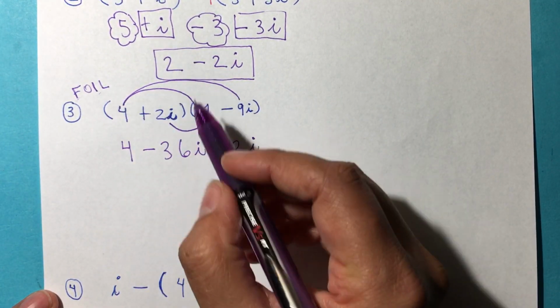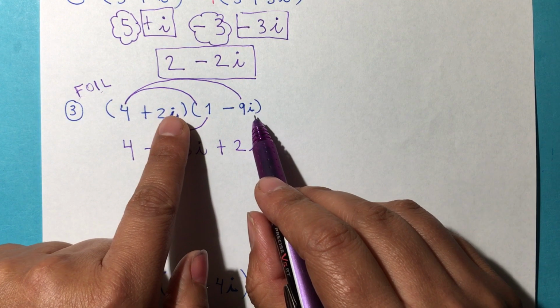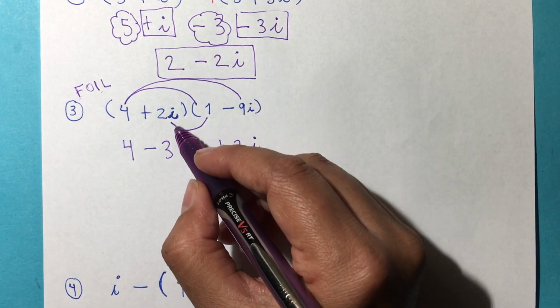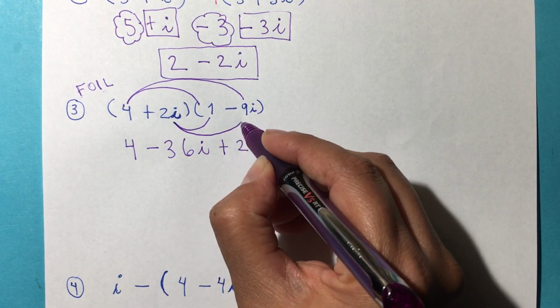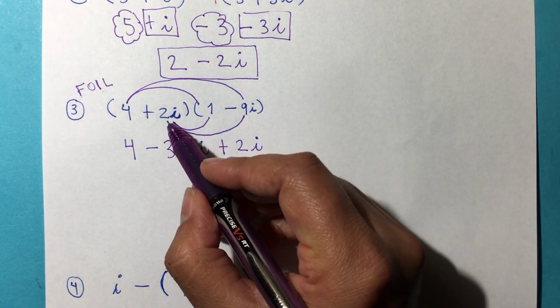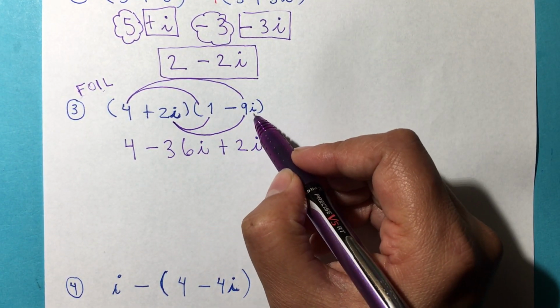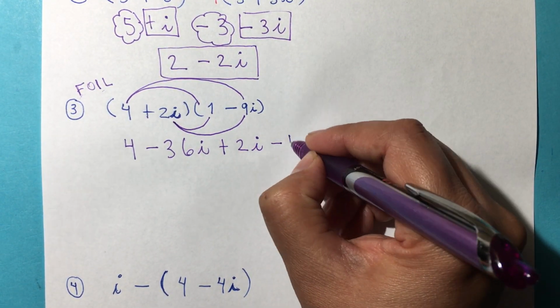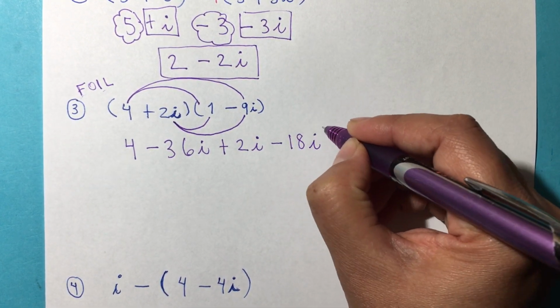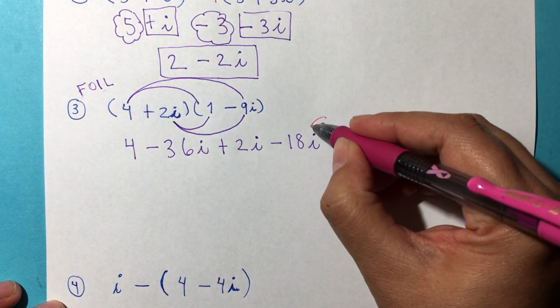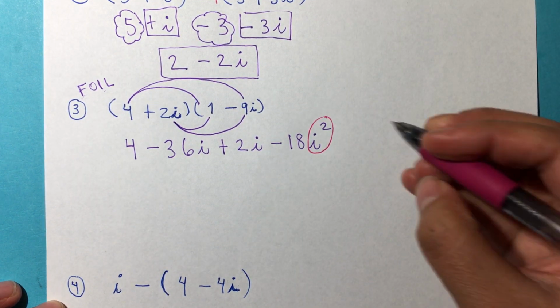And L stands for last, which means the last terms on both parentheses. So it's the 2i and the negative 9i. So 2i times negative 9i is negative 18i squared. If you recall from the previous lesson, but if not, we'll review it in here.